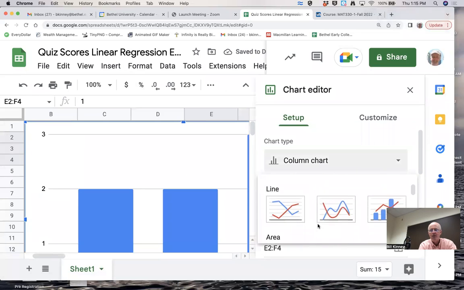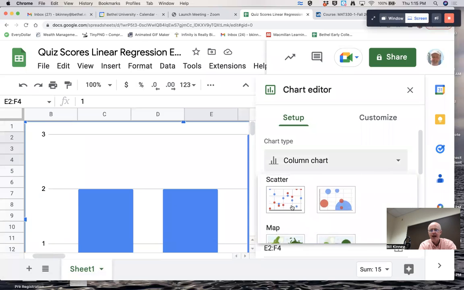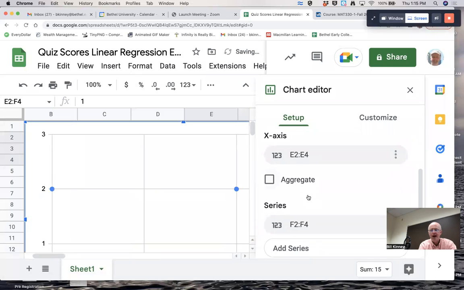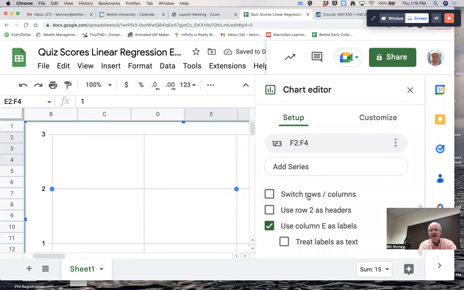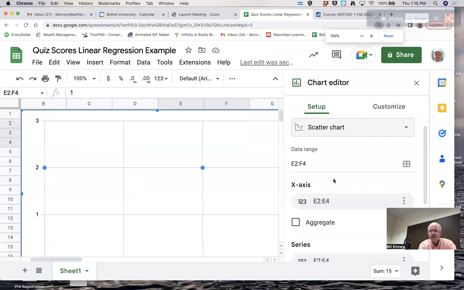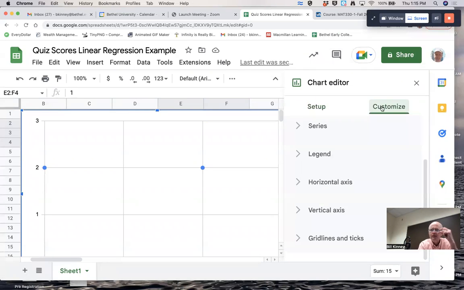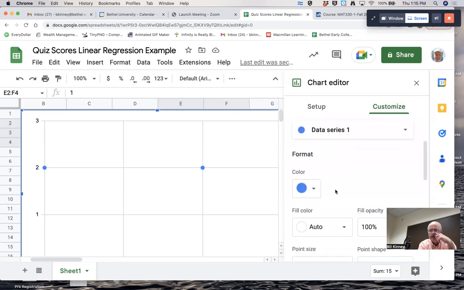Choose a scatter plot, which is just a bunch of points. Oh, come on, there it is, scatter. And on that scatter plot, you can choose to add the line in the equation and the line in the picture. I always forget, is it under series?